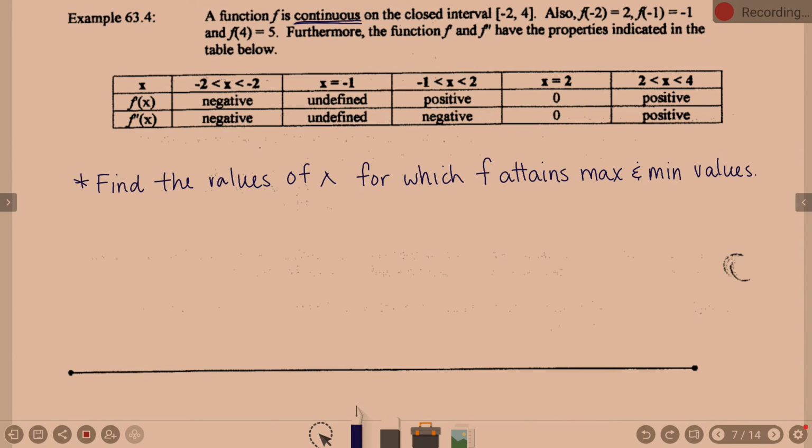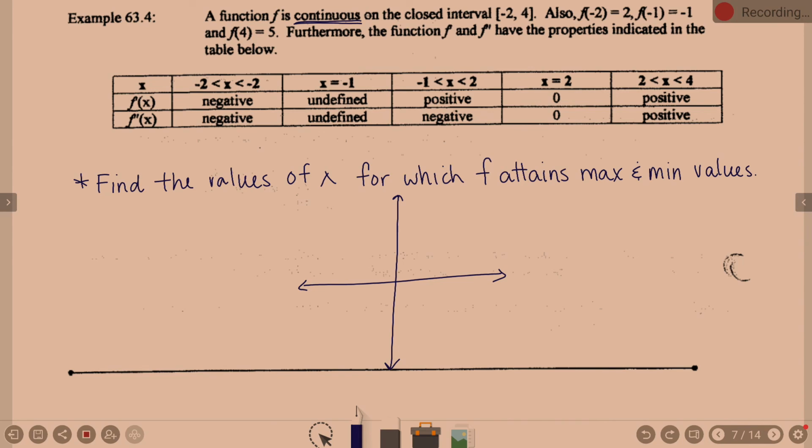So our goal is to find the values of x for which f attains max and min values. I'm going to end up sketching a graph to put all this information together.